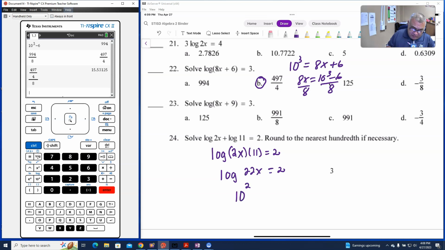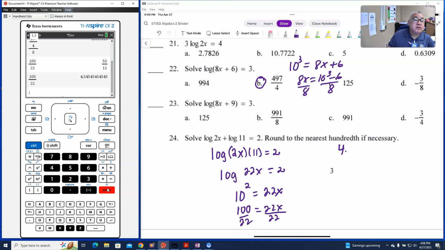So it's 10 squared equals 22x. So you have 100 equals 22x, and each side is divided by 22. So you have 100 divided by 22. So it's 4.5, rounded to the nearest hundredth, so it's 4.55. That's what x is going to be.